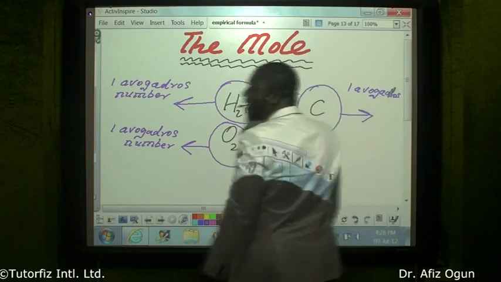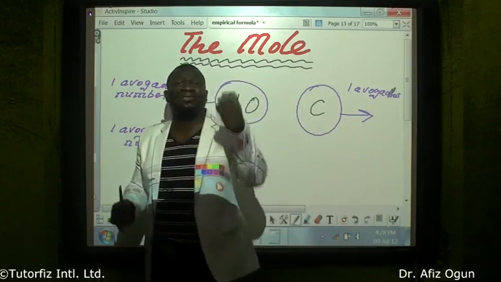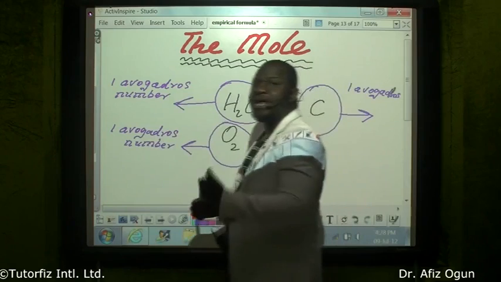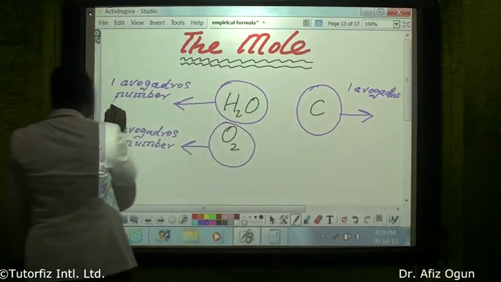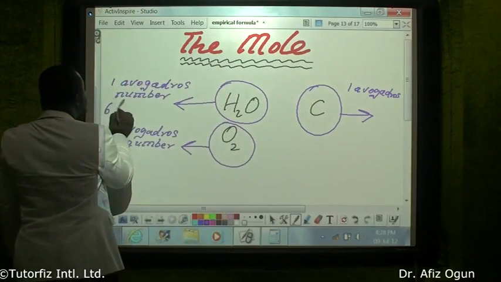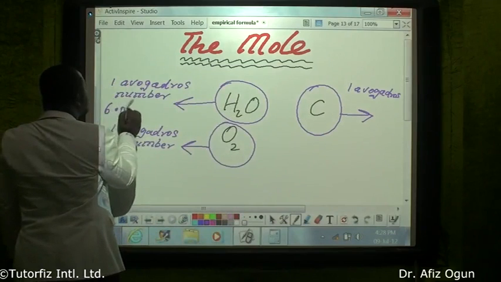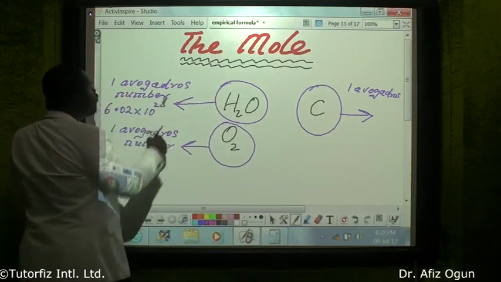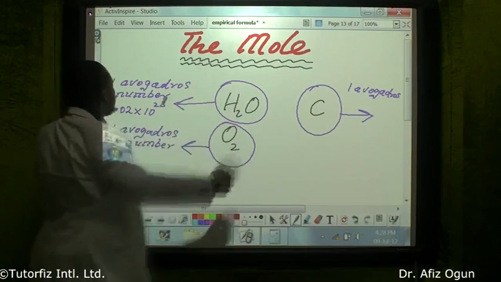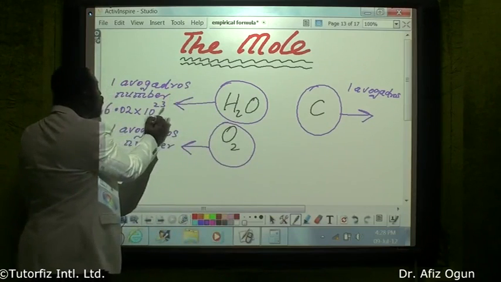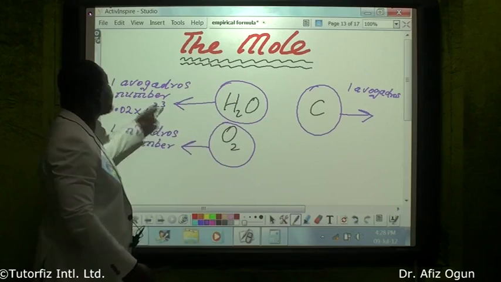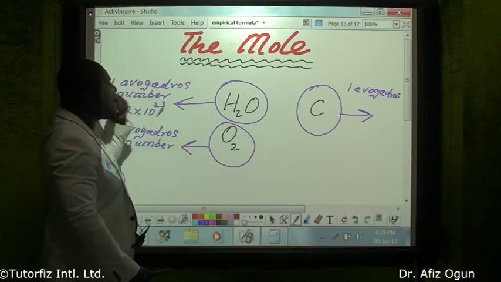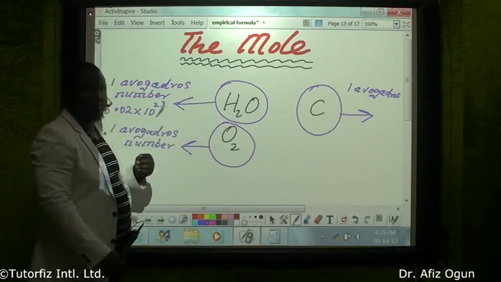One mole of every substance contains that amount of particles. It has been calculated experimentally to be 6.02 multiplied by 10 raised to power 23. 6.02 multiplied by 10 raised to power 23 of these H2O molecules will be present in 1 mole of water.